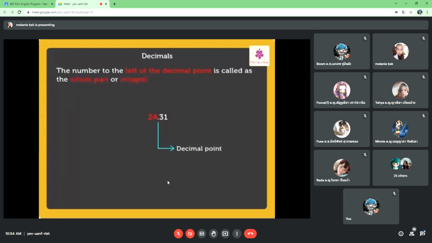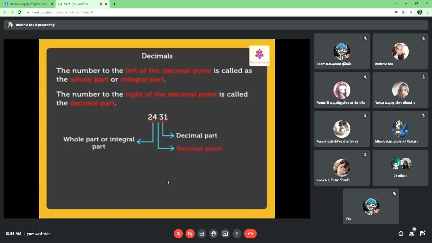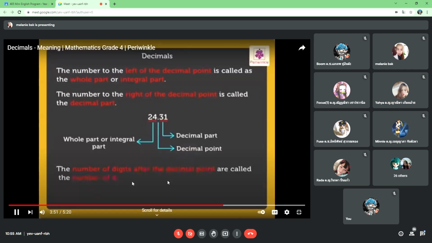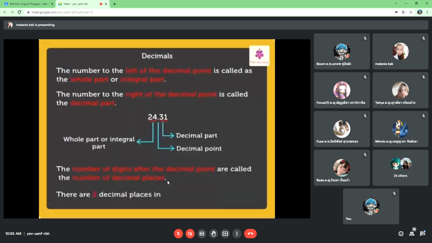Thus, the number 24 is the whole part or integral part. The number to the so 31 is the decimal part. The decimal point separates the integral part and the decimal part. The decimal places. There are 2 decimal places in 24.31.